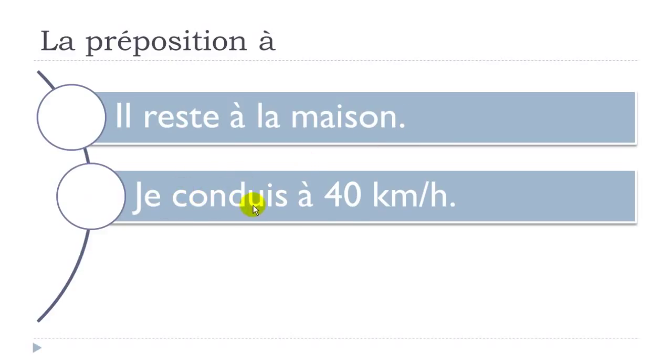Conduire is to drive, and when you want to introduce the speed, in that case it's 40 km/h, then you would use this à. So at 40 km/h. Je conduis à 40 km/h. Je conduis à 40 km/h, okay?